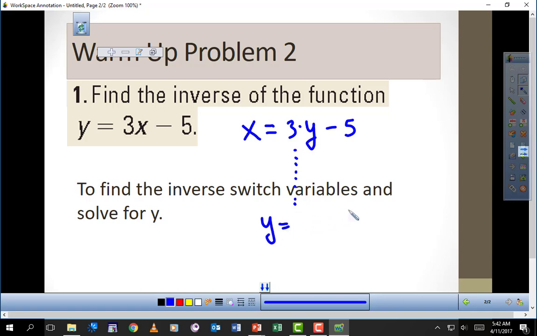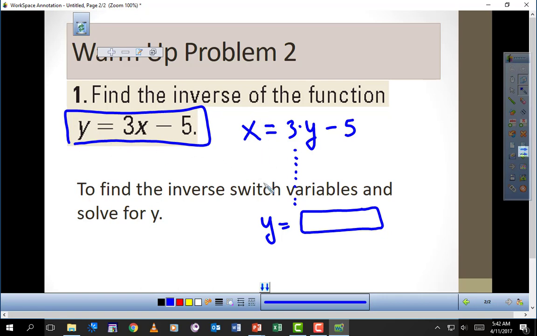And you have y is equal to whatever right here. Now when we're doing inverses, the thing to realize is that this isn't really y when we're done, because y is equal to this. We just do this switch variable trick to find the inverse. So when we're done, we need to eliminate that and rewrite it as the inverse function. And for the inverse function, we just put like a -1 right there.